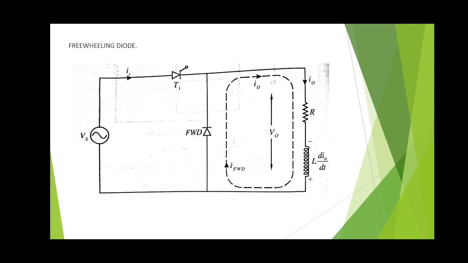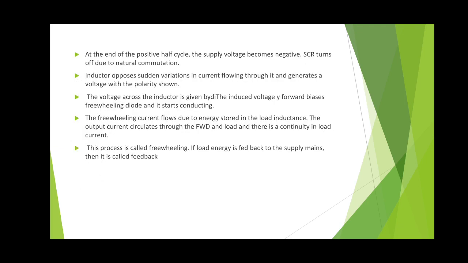If load energy is fed back to the supply, then it is called feedback. So this was all with respect to the freewheeling diode. Generally the freewheeling diodes are connected in parallel with the inductive load. No need if the load is a resistive load. And this was the explanation for the freewheeling diode.